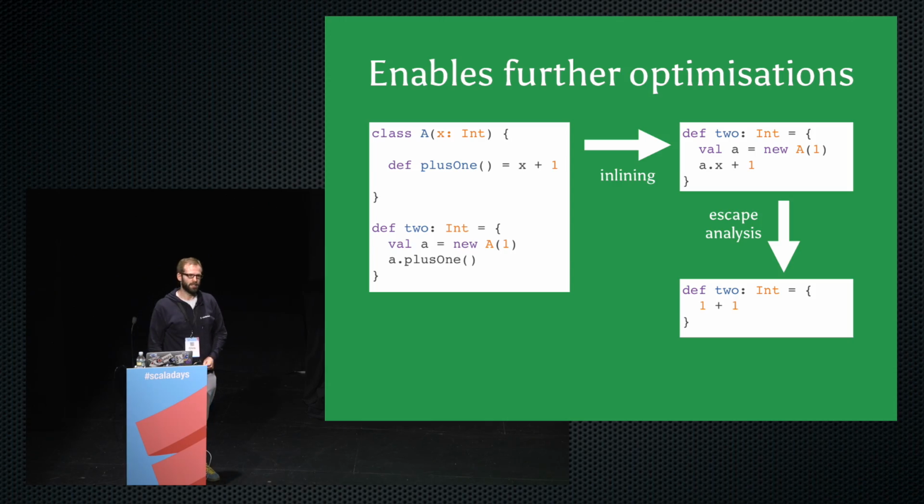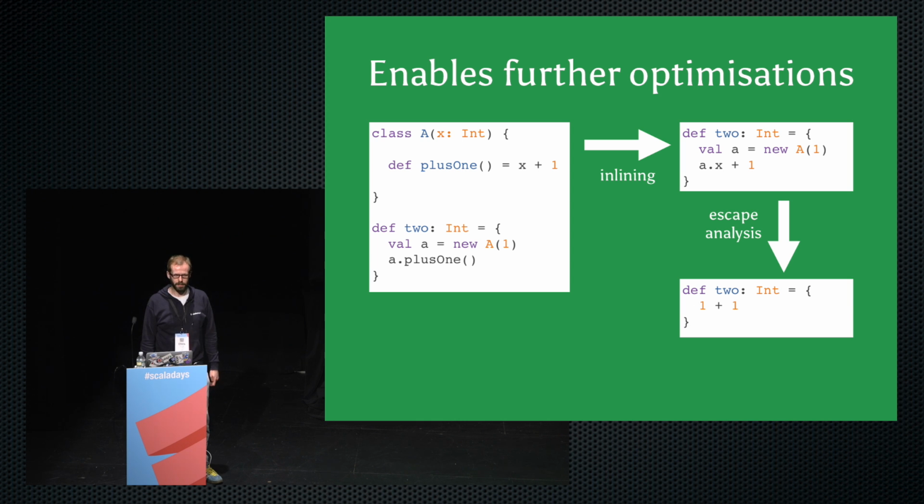And the other benefit of inlining that I mentioned is that it enables other optimizations to take place. So just an example here. On the left-hand side, we have a class A with a field X and a method +1. And then we have some function which calls this. It instantiates a new A with X set to 1 and calls +1 on it. So step 1, inlining.